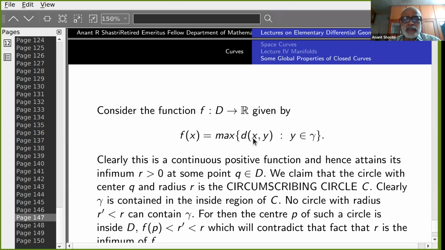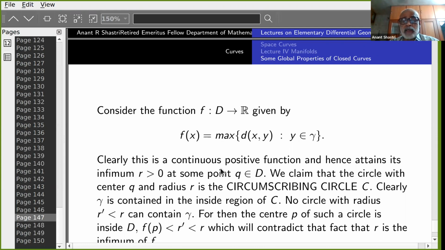What is d? It is just the modulus of x minus y. Things are happening inside R2, so the norm of x minus y. So now the maximum itself is a continuous function. That's also an elementary exercise in real analysis.